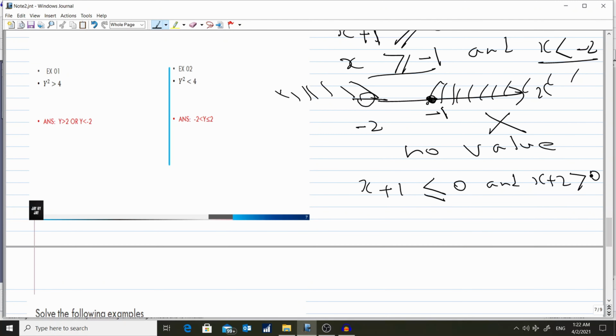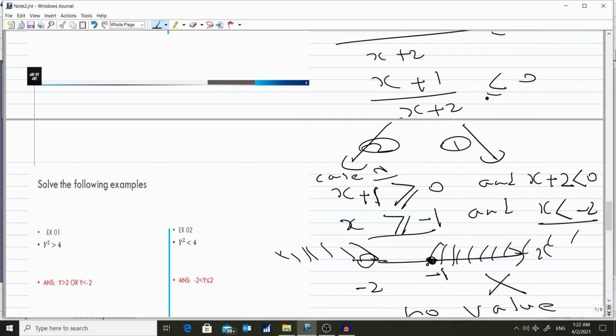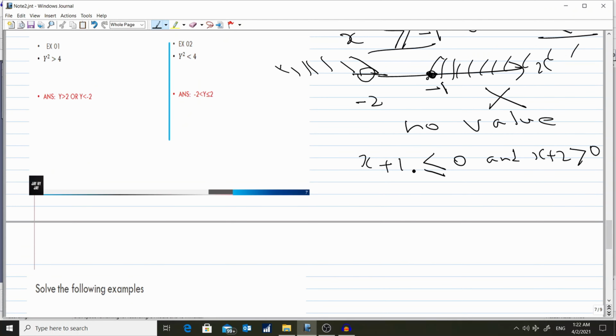Here we cannot put greater than or equal, because if this is 0, what will happen? It goes to infinity, a not defined region. So that's why we have put less than or equal only on the first one. Here we will get x less than or equal to minus 1 and x greater than minus 2.